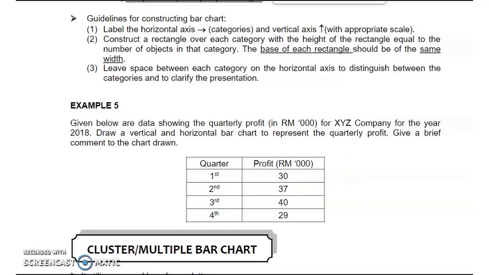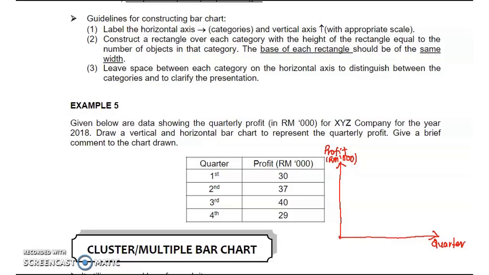Now I show you how to draw the vertical bar chart. So just now, look at the highest and lowest value in order to determine the appropriate scale. Normally the y-axis is for frequency. So you draw properly on your graph paper. So y will be the profit, and x here represents the quarter.